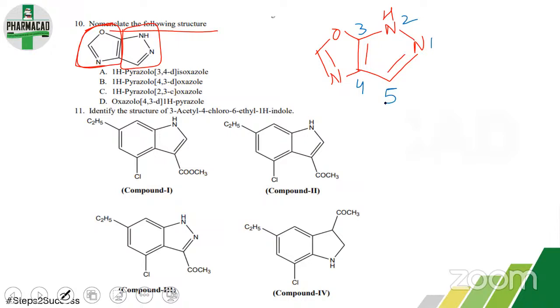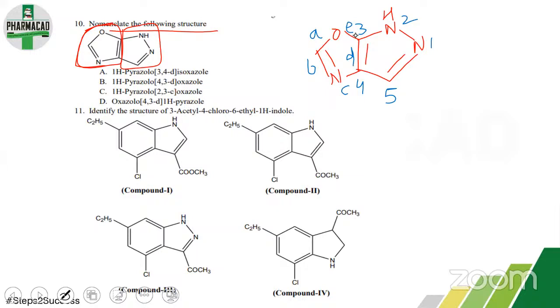This is our substituent ring, whereas the oxazole, the 5-membered ring with oxygen and nitrogen, is our parent ring. For the parent ring, we have to give the name of the sides. The first and second atoms will get the side A. So this is A, this is B, this is C, this is D, and this is E.